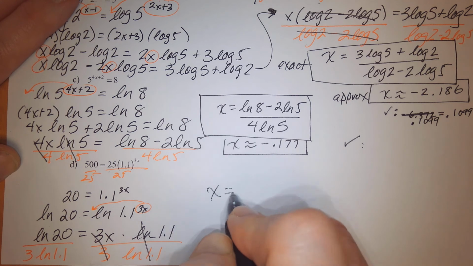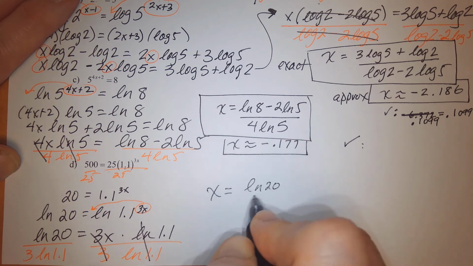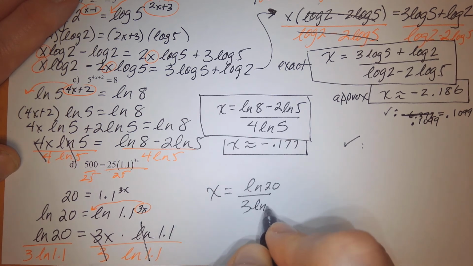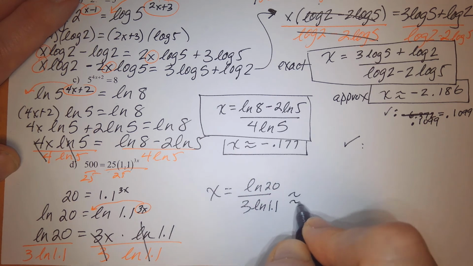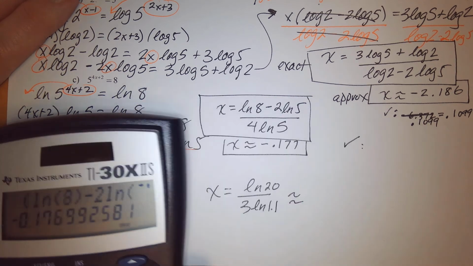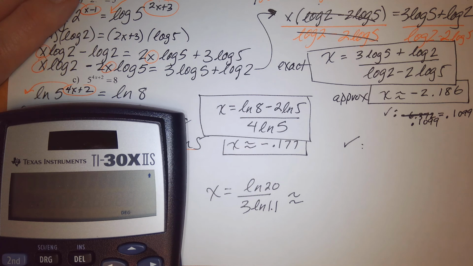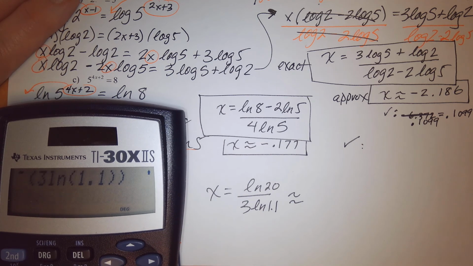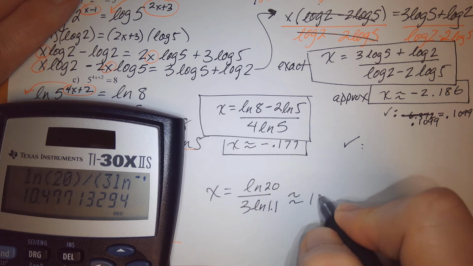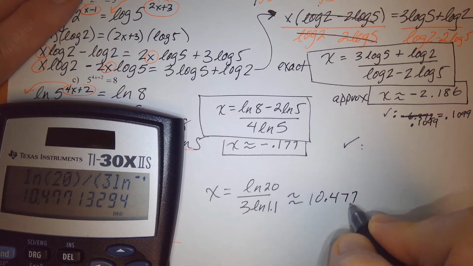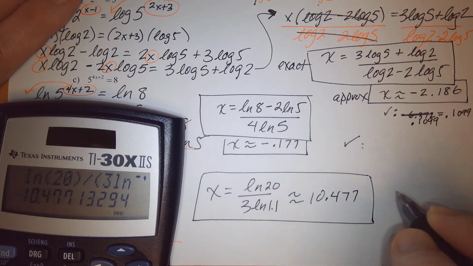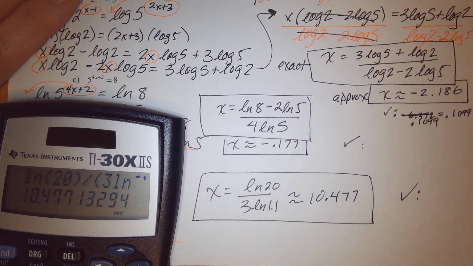So I have x equals natural log 20 over 3 natural log 1.1, which is approximately 10.477. And of course, you would check that answer.